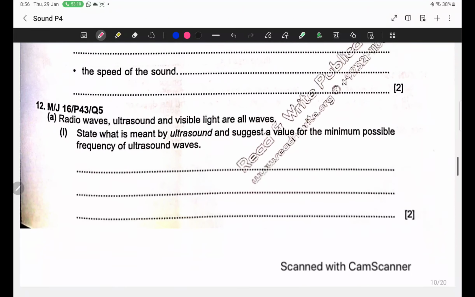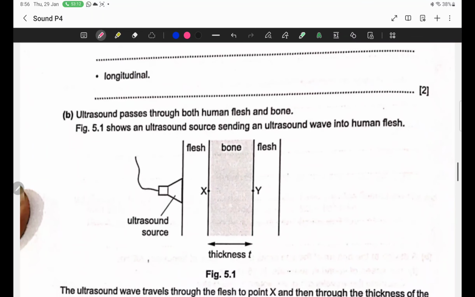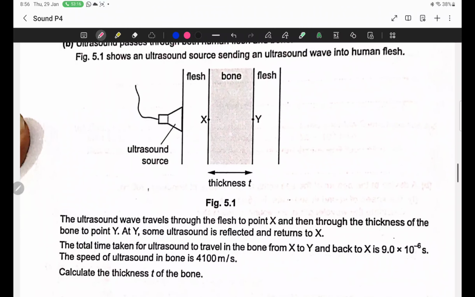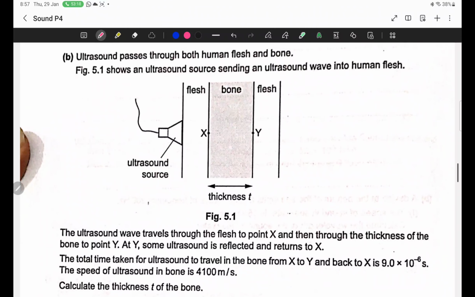The next question is very simple. Yes, this is the question I was searching for. This is an ultrasound probe, and obviously it will send ultrasound waves, and the speed of the ultrasound wave is given.